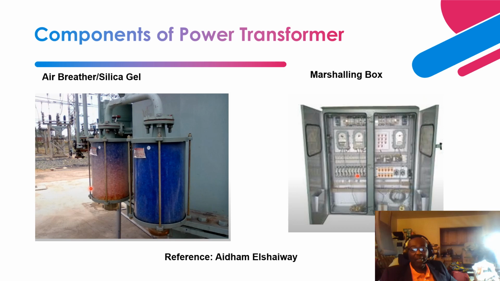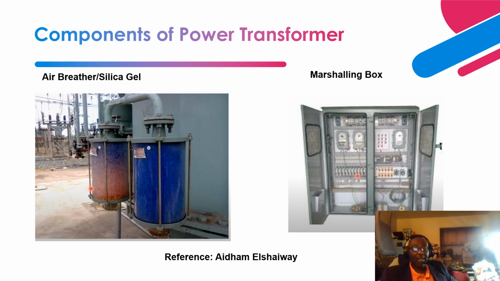You can also have these auxiliary devices or indicators, oil temperature indicator, winding temperature indicator, located on the main tank of the power transformer, and the wiring brought into this marshalling box. Inside this marshalling box, you also have cube type relays that control these devices and control the transformer.